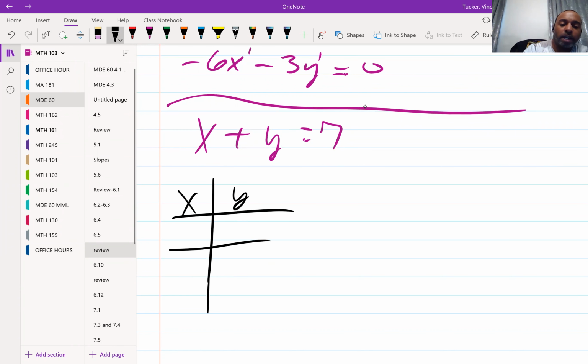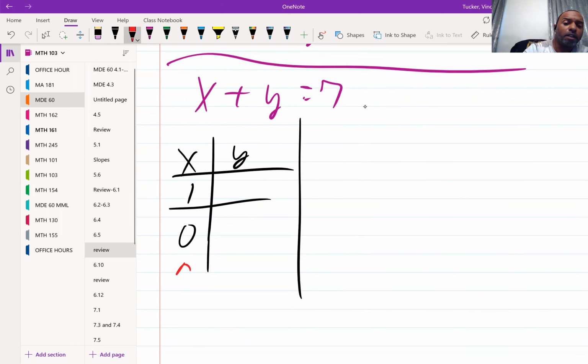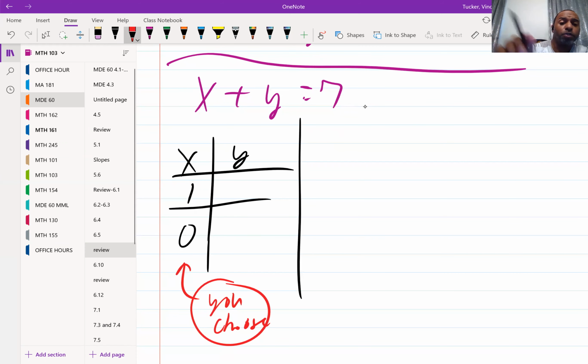MATLAB only asks you for 2 points when it comes to the line. You can use 1 and 0 if you like, but unless they give you some points, you choose these X values. You can use 1 and 2, 5 and 10, whatever you want.